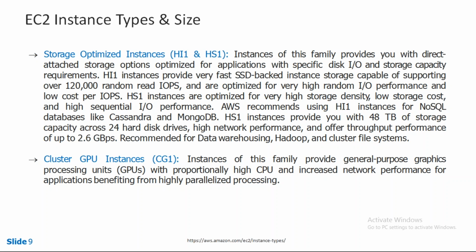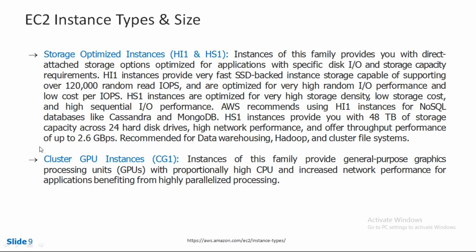Then cluster GPU instances of this family provide general purpose graphic processing, G-type. We have seen G-type instances of graphics processing units, GPU. IOPS is nothing but input operations per second. Okay, so don't worry. IOPS is nothing but I stands for input, O stands for output, per second.